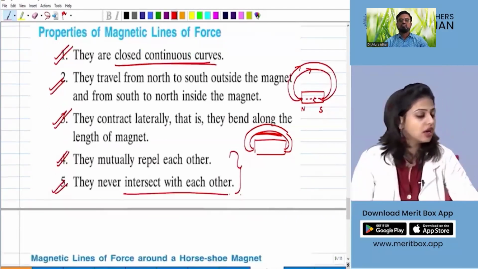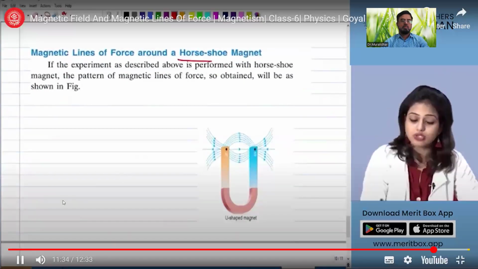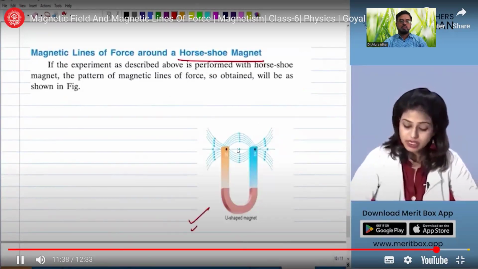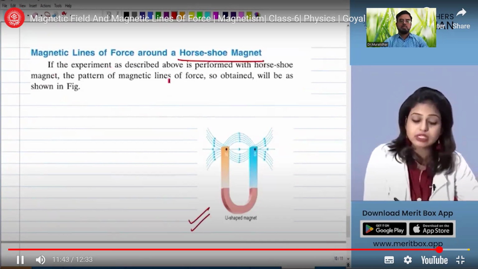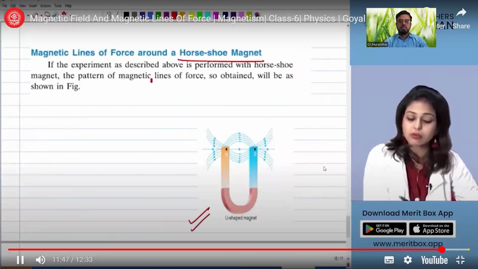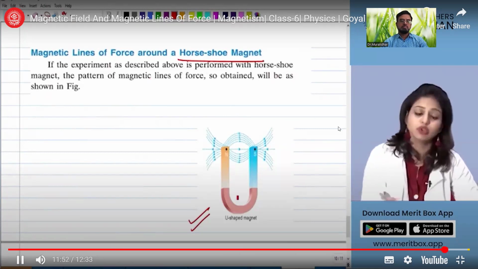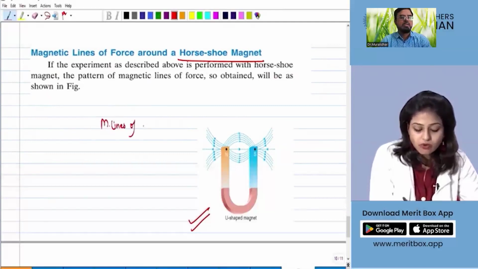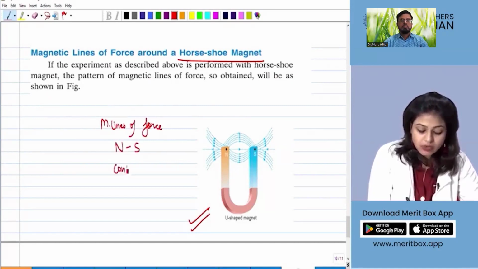Okay, students? Now, the last is, if I use a horseshoe magnet, how will my field lines look? Here we already have an image of a horseshoe magnet. If the experiment that we had done before is done using a horseshoe magnet, the pattern of the magnetic lines of force is obtained as shown here. In this experiment, we understood that magnetic lines of force always go from north to south, and they are continuous curves.